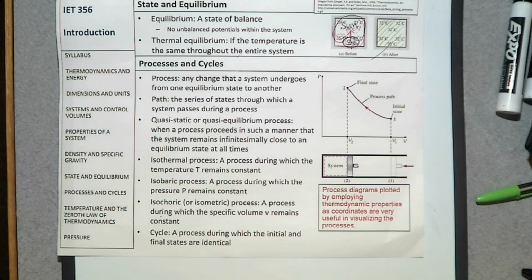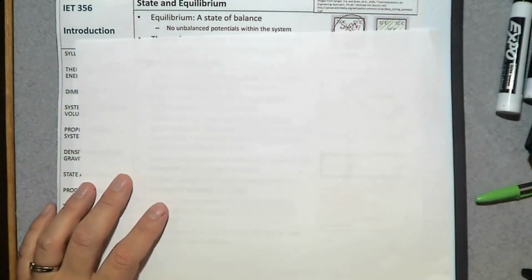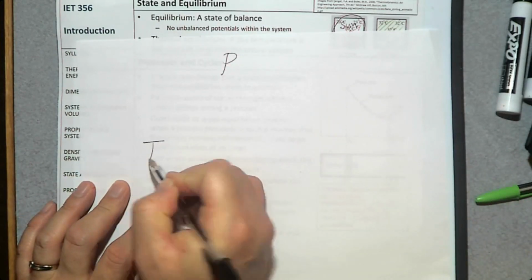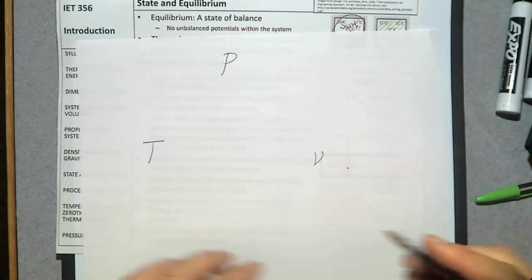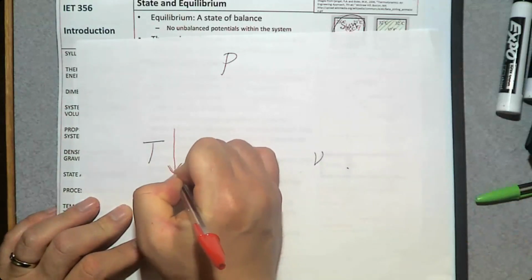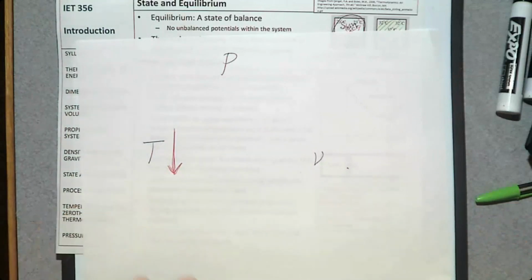Okay. So among many processes, what we study is how pressure, temperature, and volume change during a process. For example, in this cooling process, we know temperature goes down, right? So let's say, when temperature goes down, what happened to pressure of this coffee?